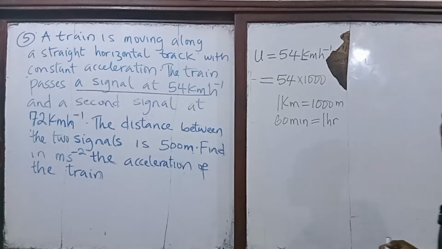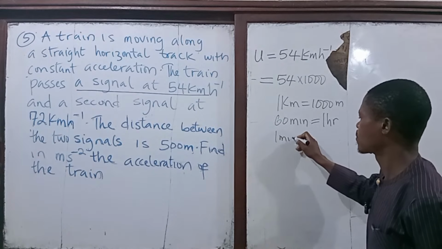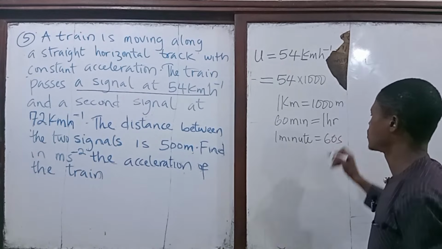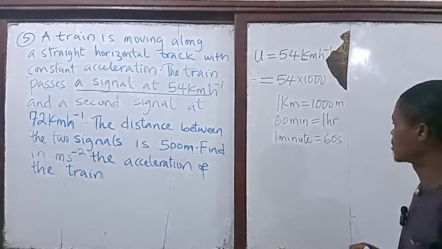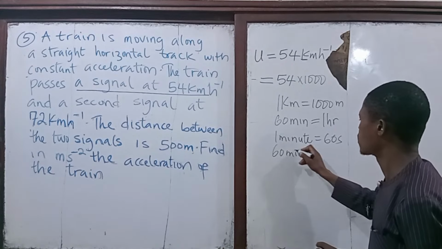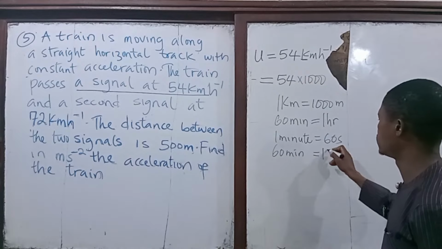Let me start from here. 1 minute is 60 seconds. 60 minutes will make 1 hour.